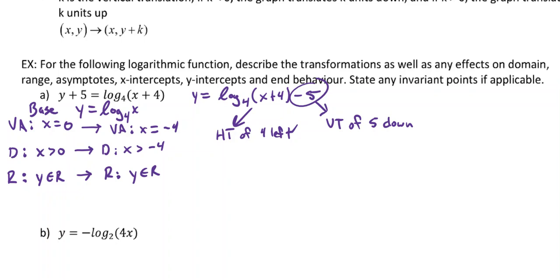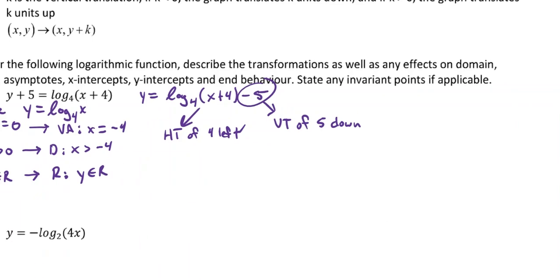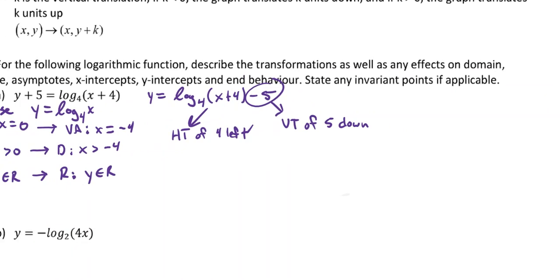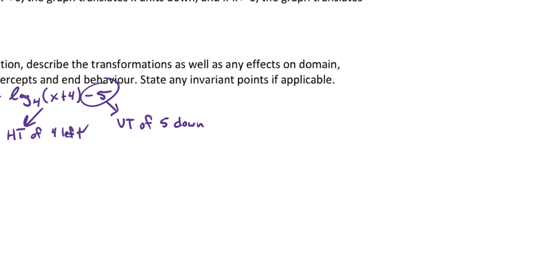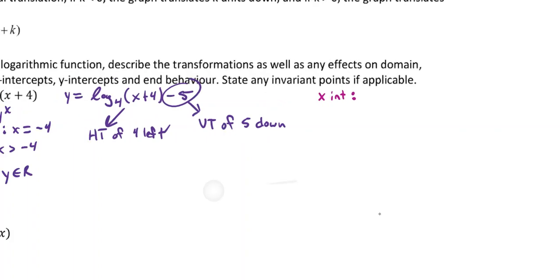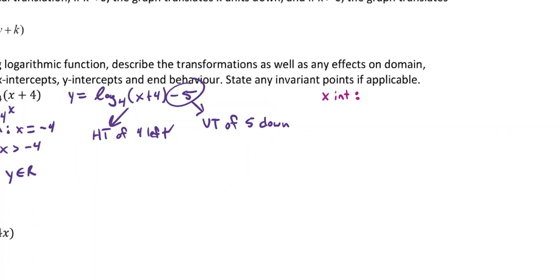Okay, so now it wanted us to find the x and y intercepts of this. So let's do our x-intercept. All right, when we're always finding the x-intercept, what should we do?